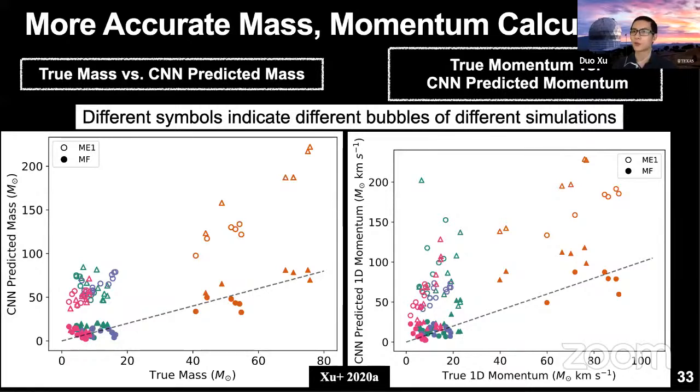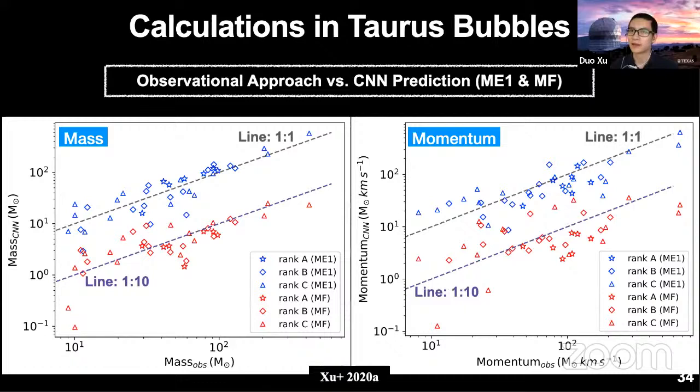Then we can also quantify the mass, energy, and momentum that come from feedback for bubbles using our two models. Our model MF is able to correctly retrieve the true mass and true momentum. Then we compare our estimation to what observers did in the past.